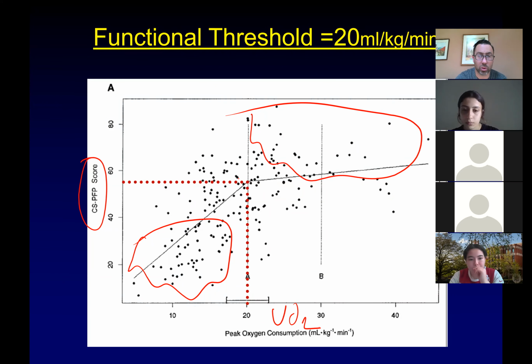And if you fit a curve to this, you reach some sort of inflection point right about here at about 20 mLs per kg per minute. And then once you get over that, as we look out this direction, it doesn't really matter if you're a really fit older person at 40, or if you're barely over 20. There's not a lot of relationship there between your PFP score and your peak O2 consumption.